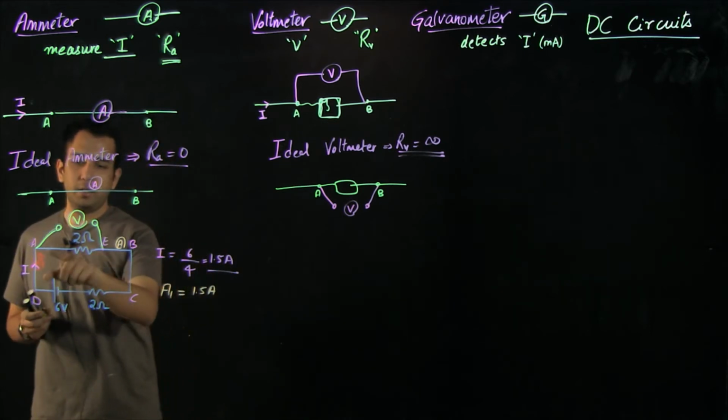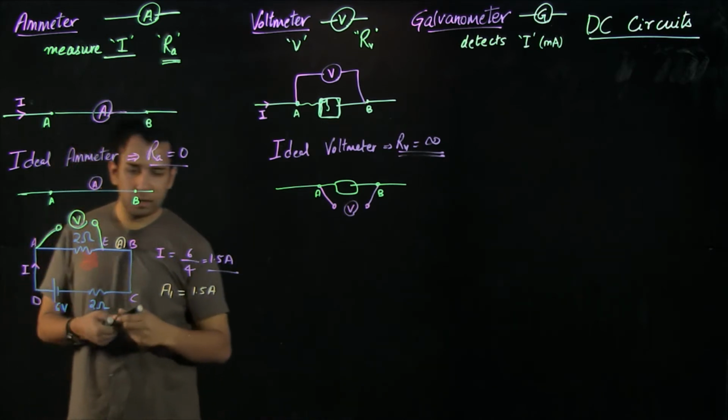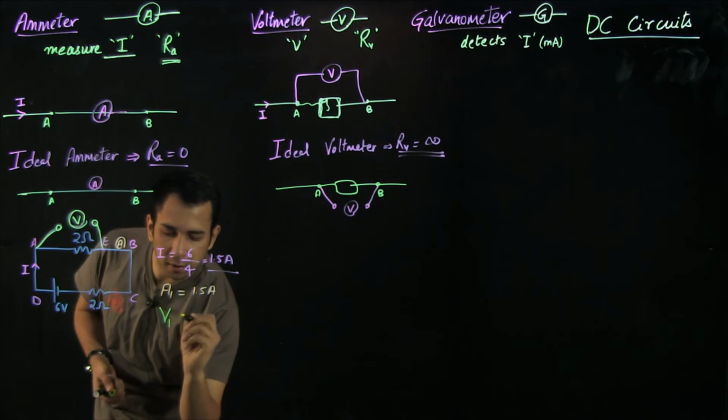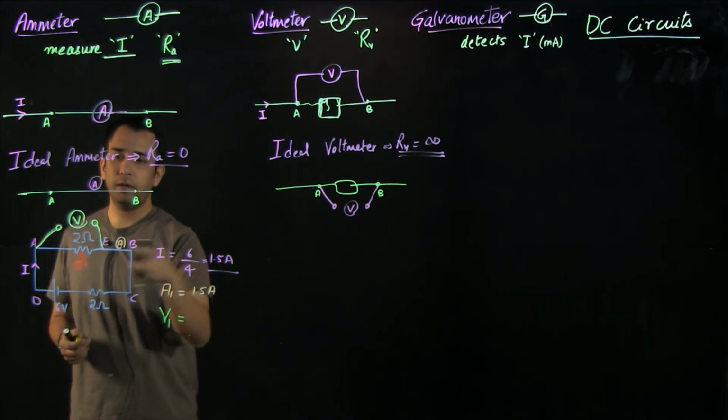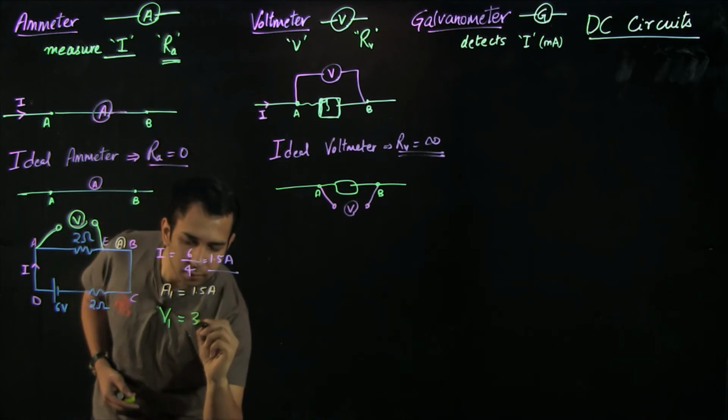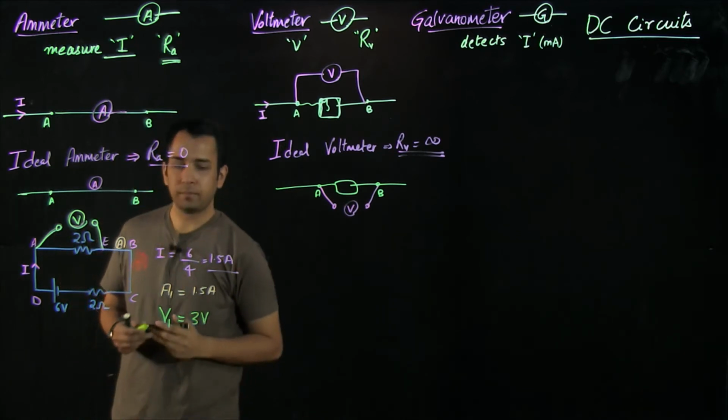So now we need to measure the potential difference between A and E, and the reading of the voltmeter V1 would be IR. So I is 1.5 amperes, R is 2 ohms, so that means it's 3 volts.